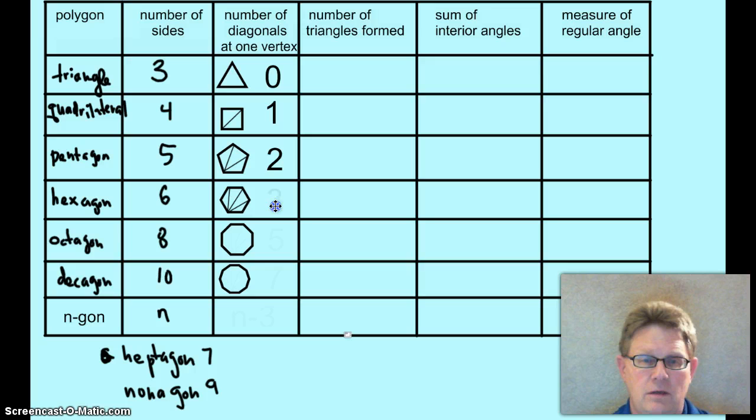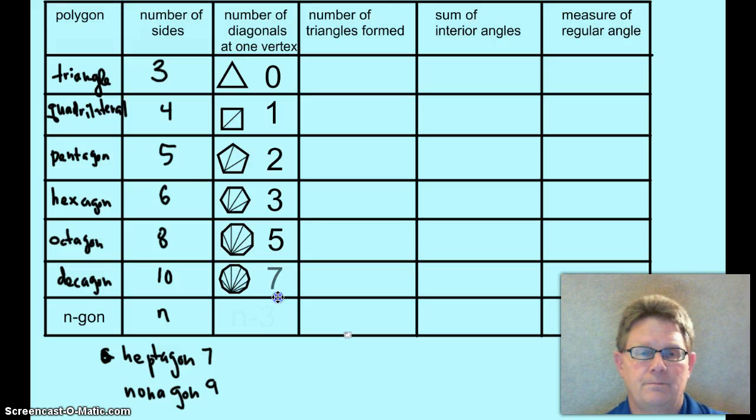That's right, 3. From this vertex right here on this octagon, how many can I draw? 5 of them. And on this decagon, from this vertex down here, how many diagonals can I draw? That's right, 7.